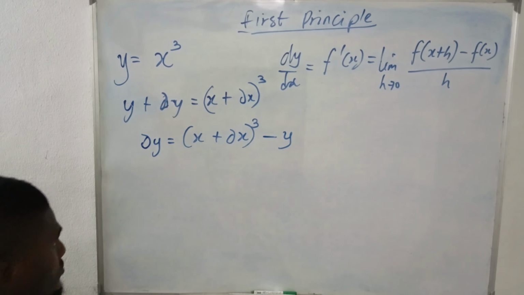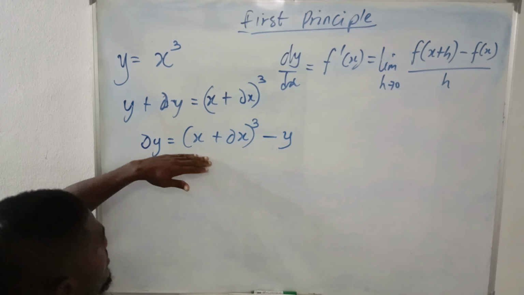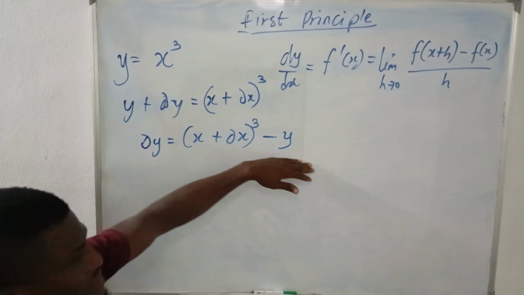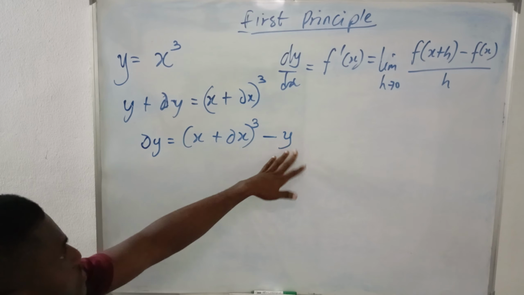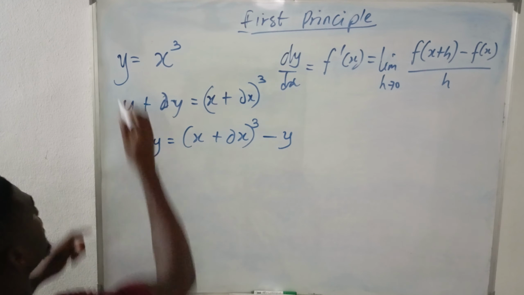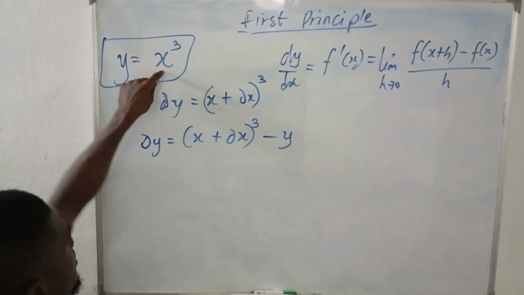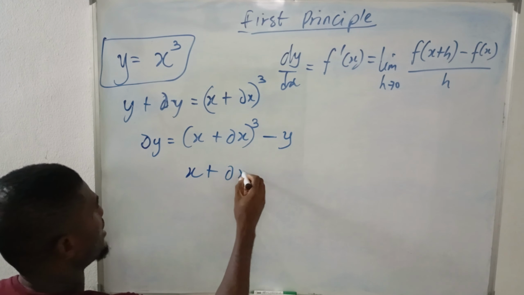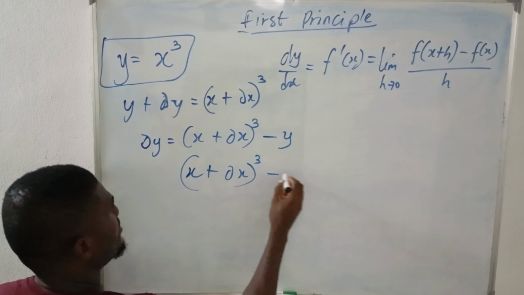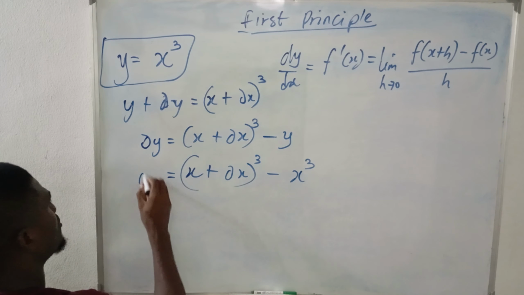Now, since you want the right hand side to be in the same letters, x and dx, this y we need to change back to x. You have to go back to the first equation and represent your y with this. So this will become x plus dx to the power of 3 minus x raised to the power of 3, and this will be your dy.